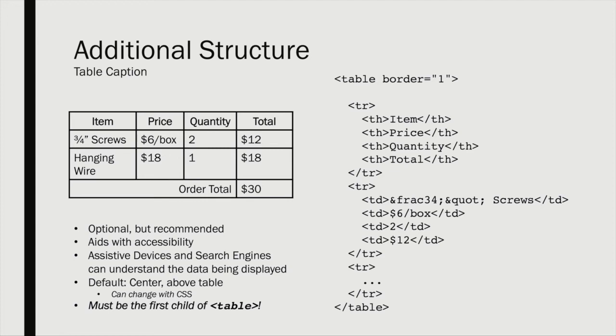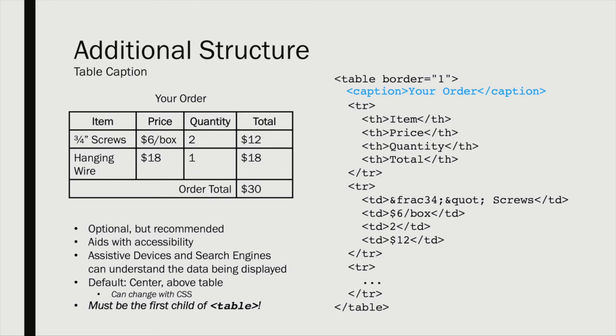So by adding a table caption, which automatically displays at the top and center of your table above the table, this allows for devices and search engines to understand what the data is representing. You can change the placement of this and a few other styling modifications with CSS. We'll get to that later.